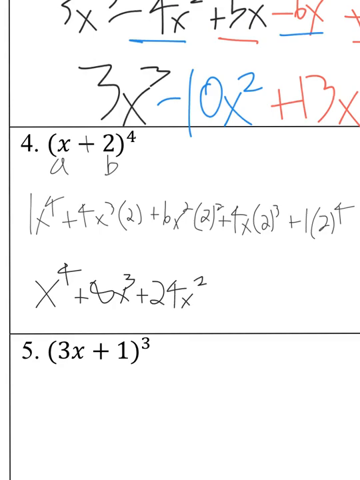And 2 to the third times 4, 2 to the third is 8, and 8 times 4 is 32, so I'm going to put plus 32x. And then 1 times 2 to the fourth, well, 2 to the fourth power is 16, and so it's just going to say plus 16. And that's it for number 4.